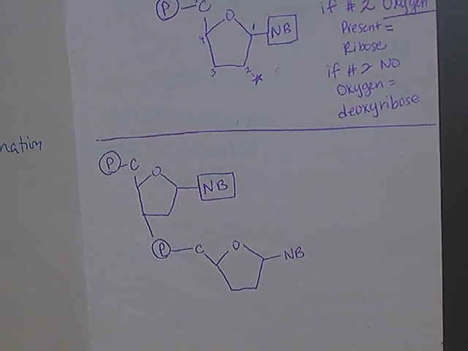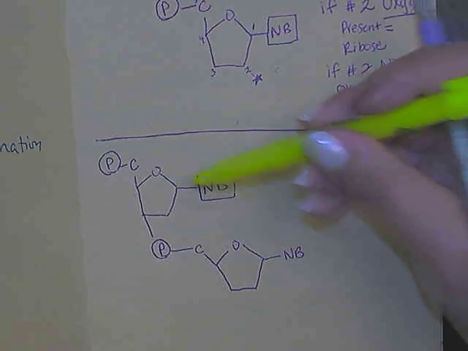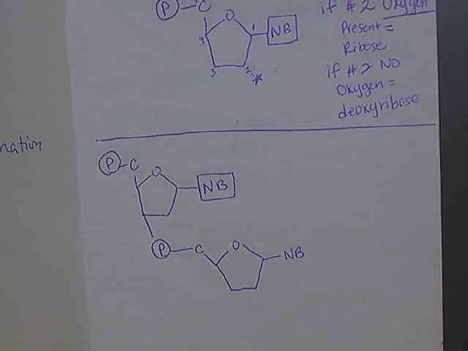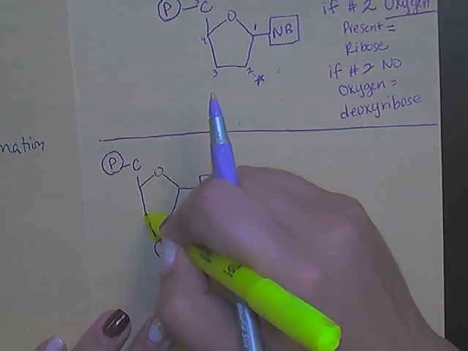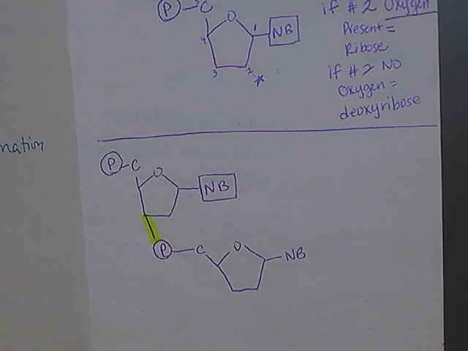This is something that many students get confused. When we're talking about attaching two monomers, two nucleotides for this DNA strand, this bond right here is the phosphodiester bond.